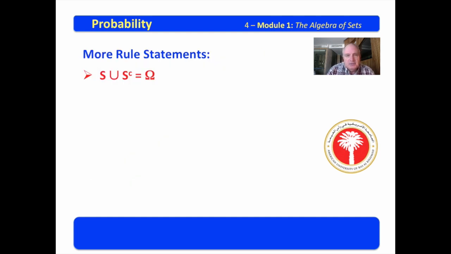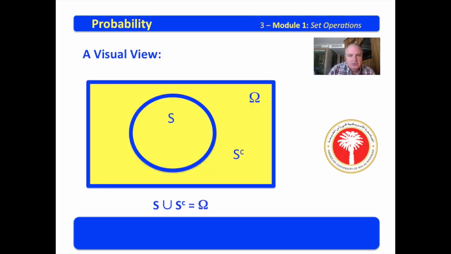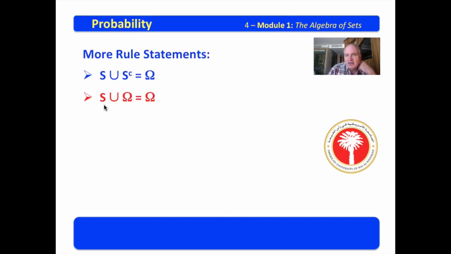More rule statements, and these are just identities that we will try to represent with pictures. S union with S complement is the universe. Let's see if that's true. Yes, if we take S and we union it with everything in the universe that is not in S, we get the universe. S union S complement is the universe. Then we have another one. S union the universe is the universe.